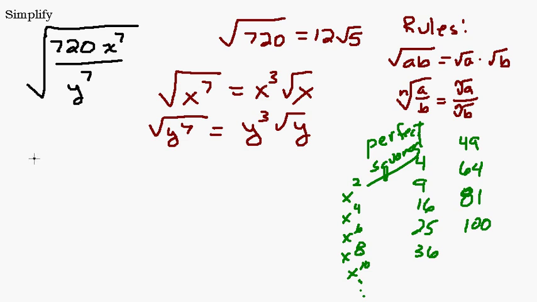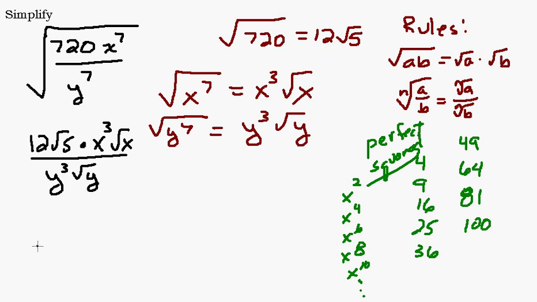Okay, so let's put all this together into one problem and see what it looks like. So on the top, I have the square root of 720, which is 12 square root 5. And then I have the square root of x to the 7th, which is x to the 3rd square root x. And on the bottom, I have y to the 3rd square root y.